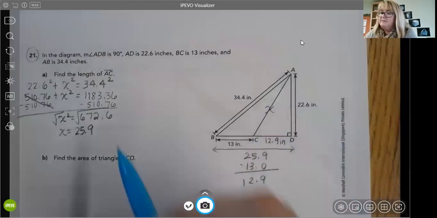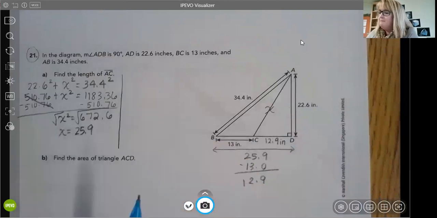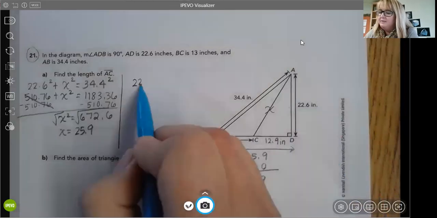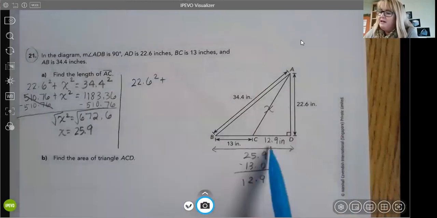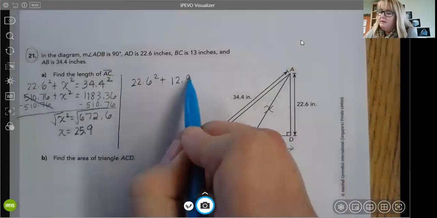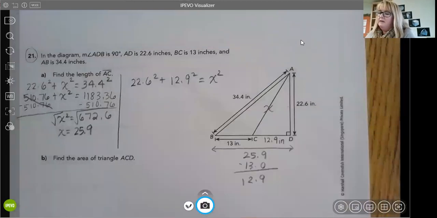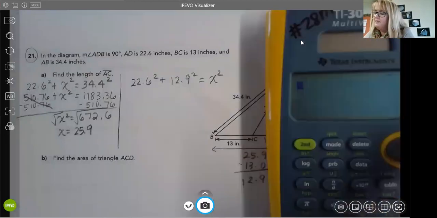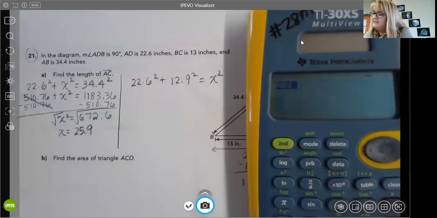So let's set it up. I'm going to draw a line just so my work doesn't get all messed up together. And we're going to do 22.6 squared plus 12.9 squared equals x squared. All right, so let's get our calculator. And we are going to do 22.6 squared.